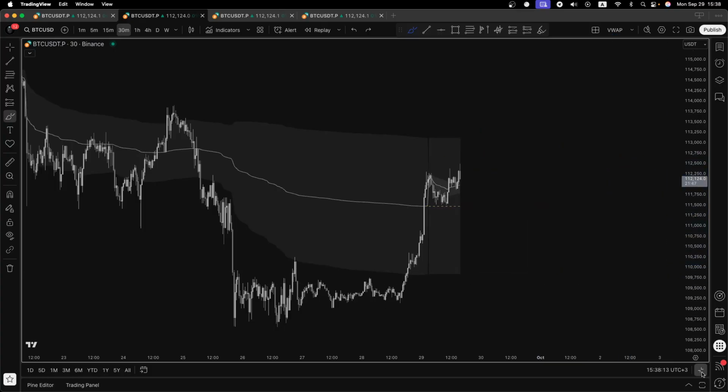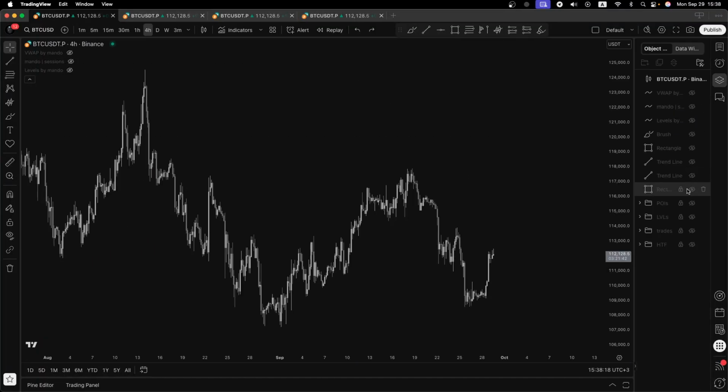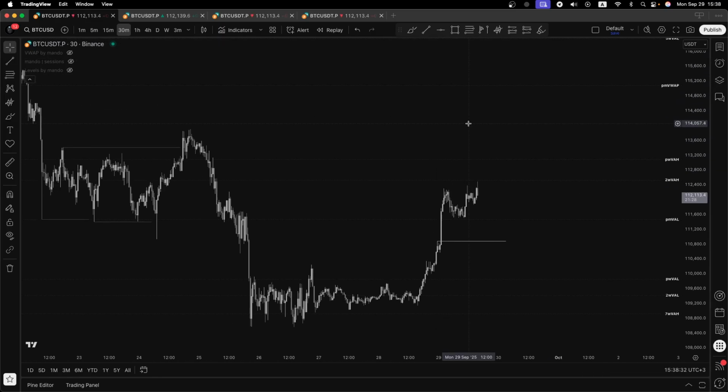So let's bring everything into one chart. We want to have these and our levels. So around 112k, 112 to 113k, we want to see some sort of distribution forming.